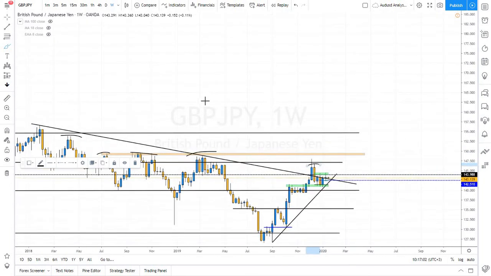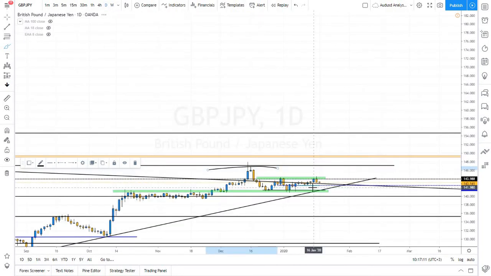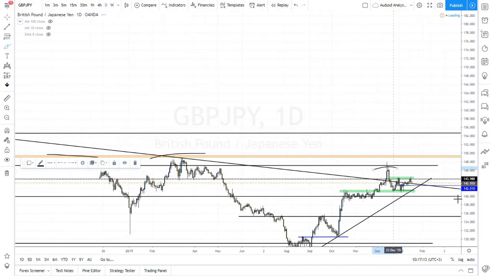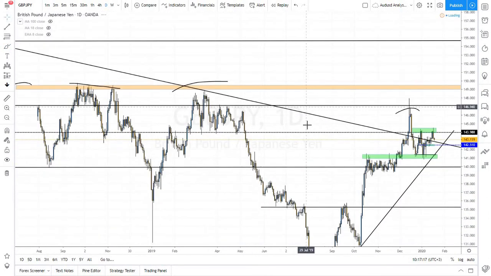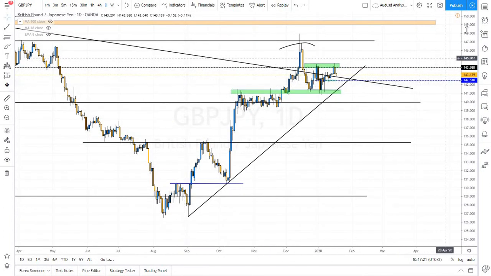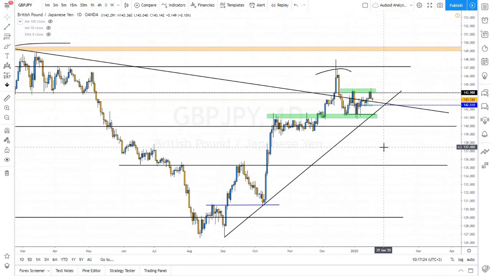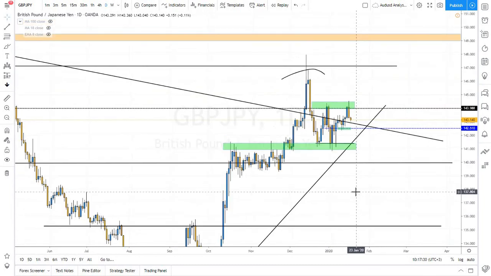Once it did that, it tested the retest area but zoned in. There's a certain tendency of the market to zone in, especially during January. So we're expecting a break. Once we see that nice break, then we'll be able to trade these pairs nicely.